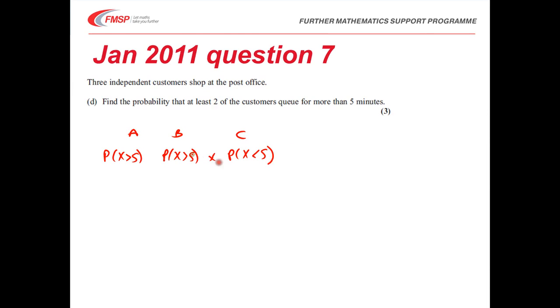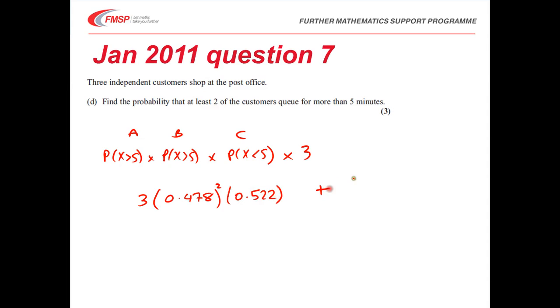But of course, that can happen in 3 possible combinations. Okay, so what we're going to have here is 3 multiplied by 0.478. Okay, that's the answer to the previous question. Squared times 1 minus that, so 0.522.